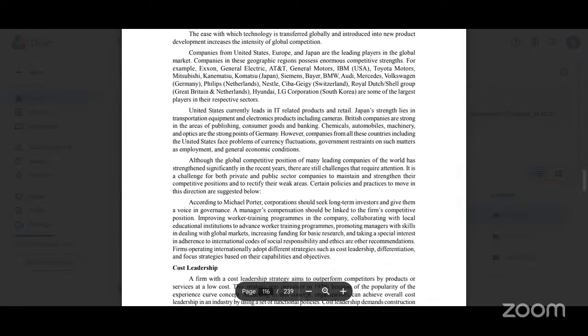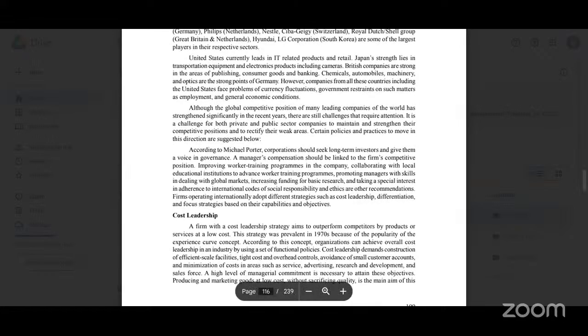So United States, if we consider, they are the leader in IT related products and they retail also accordingly. Japan's strength lies in transport equipment and electronic products, including cameras. So each country has its own set of products where they are able to compete in a global market, and not just be able to compete, but they have also gained a leadership position of the market.